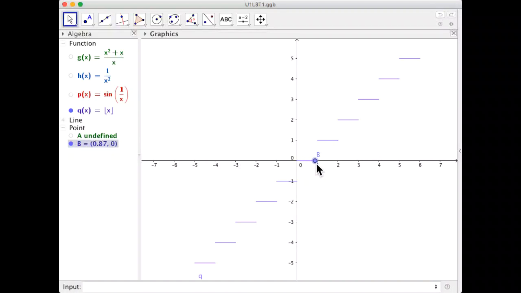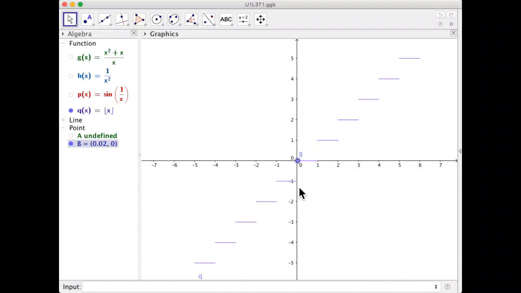So when I get to the next integer, which is 1, it hops up, and now I'm at 1, 1. Then we continue at 1, the y value is 1, until we get to the next integer, and then it hops up to the next one. Now the integer is 2, so 2, 2, 2, then 3, 3, 3, then 4, and it continues on upward.